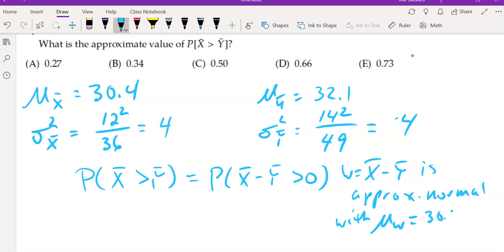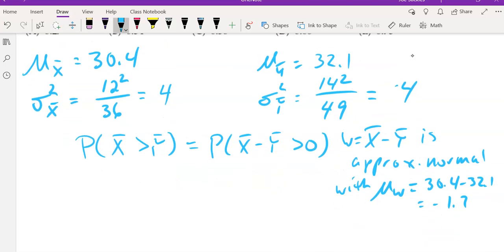I agree with your 30.4 minus 32.1. I think you get negative 1.7, right? Yeah, there we go. That's what he said. It's negative 1.7. Does that make the variance 0? No, it doesn't.